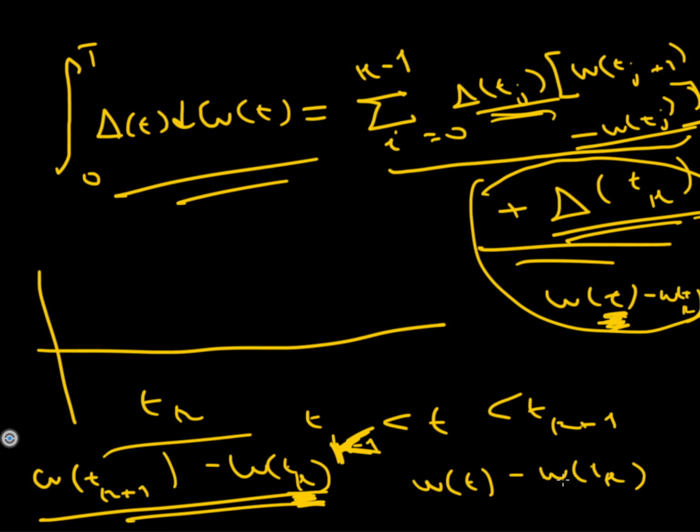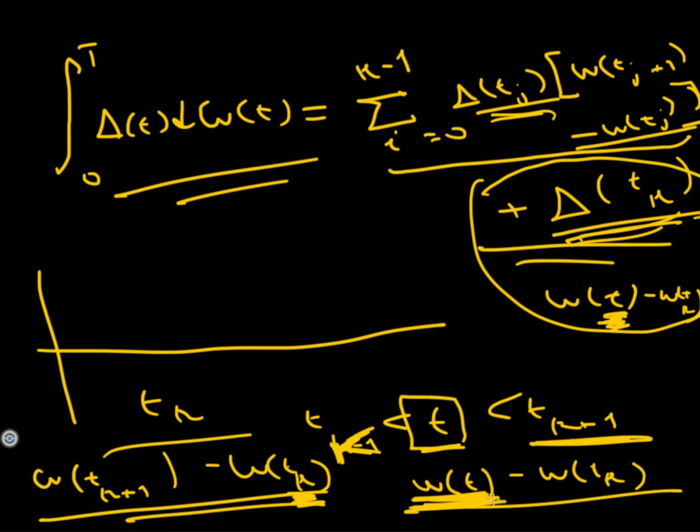That's what we usually do. However, in this case, it's delta tk times omega t minus omega tk, because we aren't exactly here, we are here, and we take the current value of the Brownian motion in order to attain an increment. And that is simply how we look at an Ito integral.